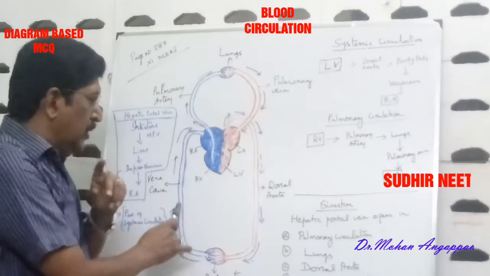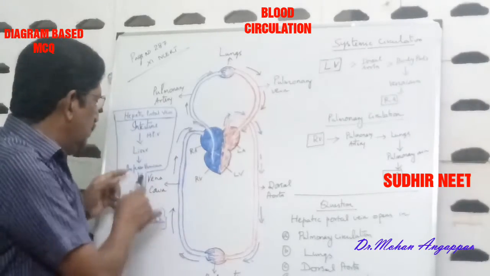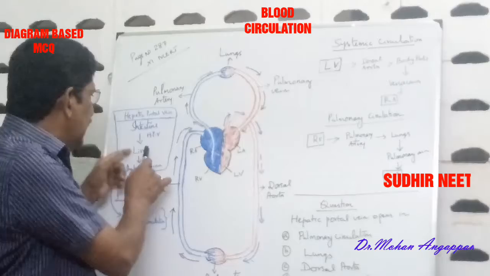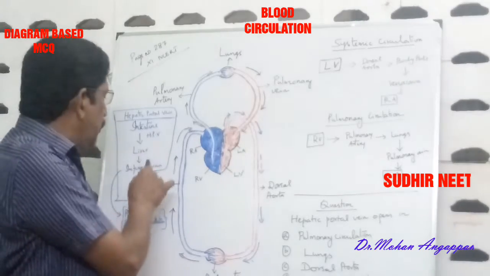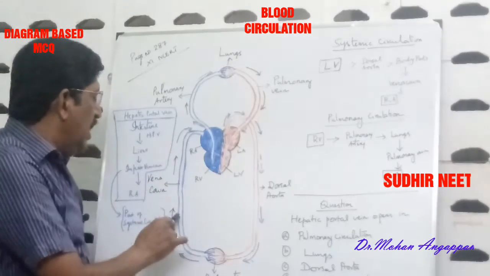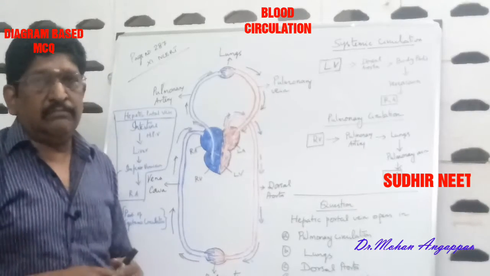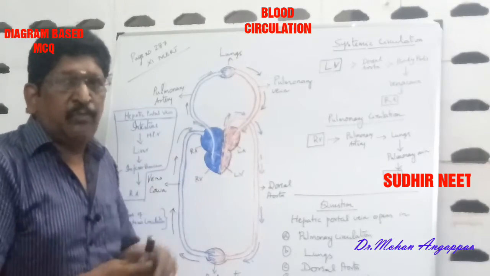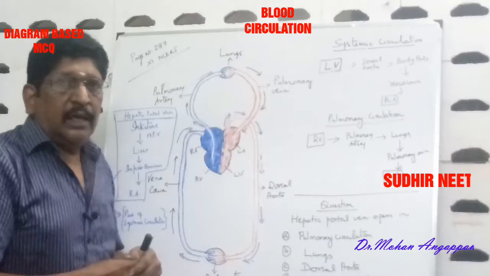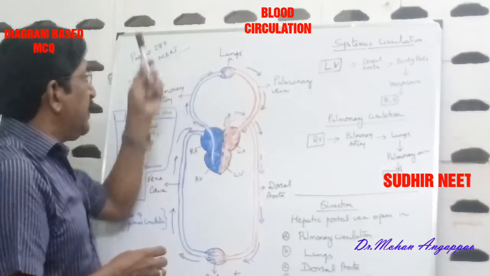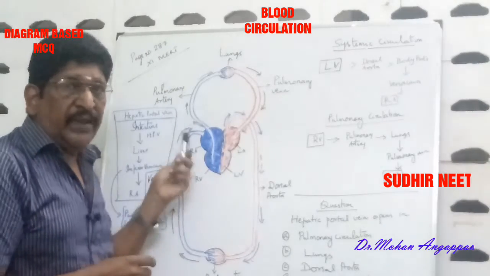There are 2 vena cavae, one inferior and superior. So from the liver, the hepatic portal vein opens into the inferior vena cava, and then inferior vena cava opens into the right atrium. This is a separate hepatic portal system. You can refer the book, page number 287, hepatic portal vein.